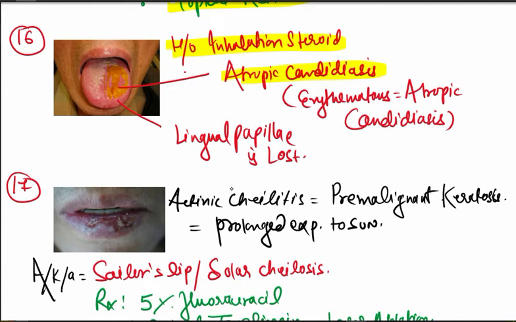So the patient can get candidiasis, and this candidiasis will cause loss of lingual papillae. So the condition will look like this: atrophic candidiasis.